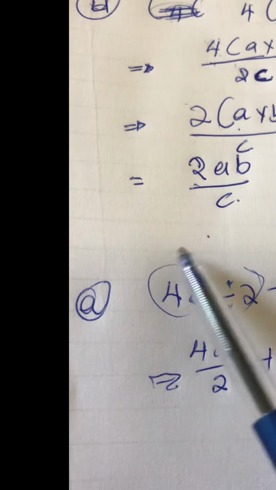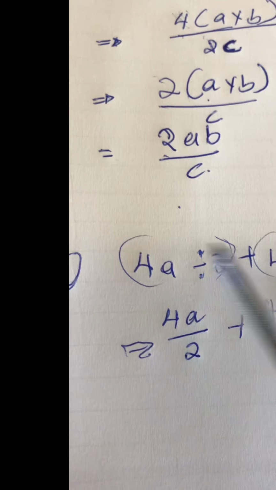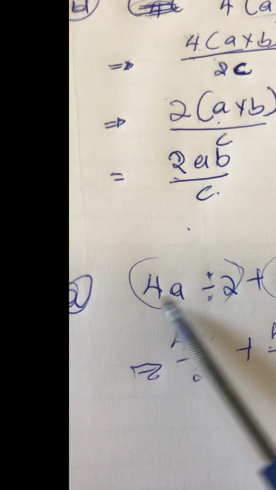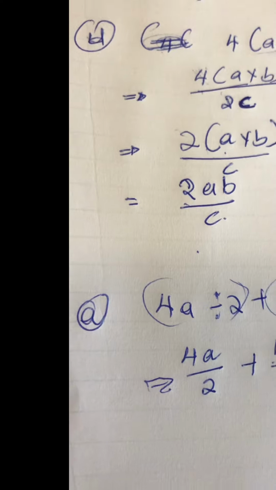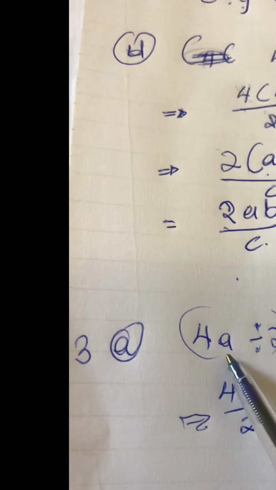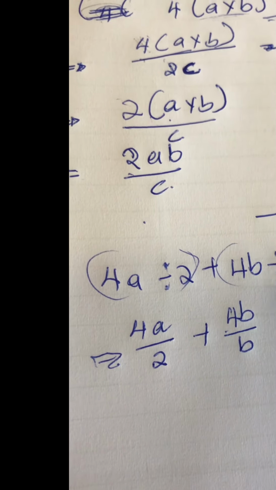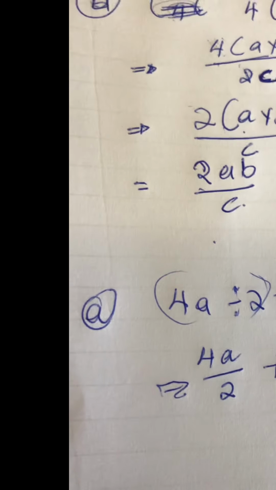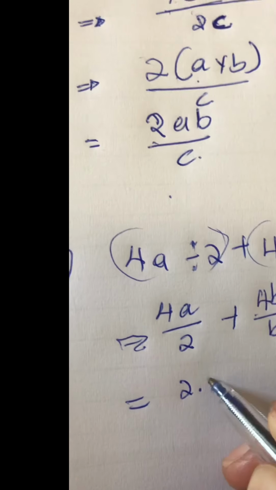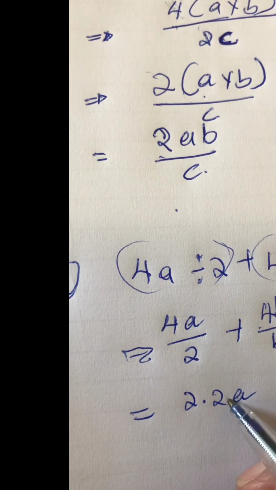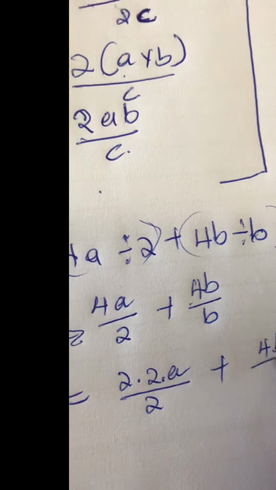Do you understand? You can put brackets here, and then you can easily see that we need to change this into an algebraic form. So we're going to say 4a over 2 plus 4b over b. Like I told you, you can write 4 as 2 times 2a all over 2 plus 4b over b.